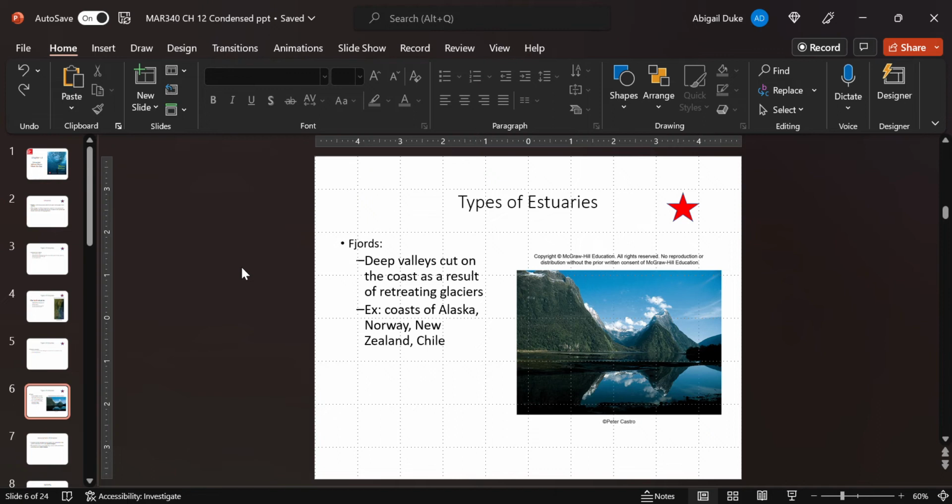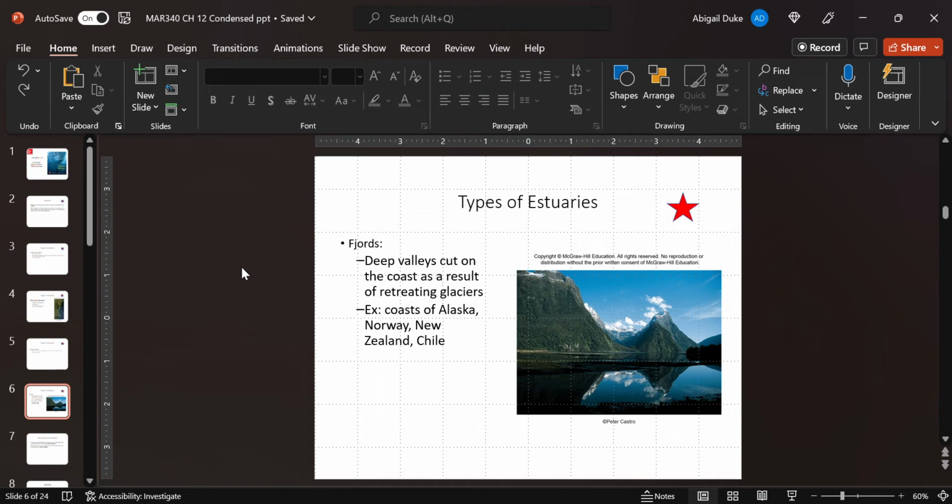Fjords. They are deep valleys cut on the coast as a result of retreating glaciers. Examples are the coasts of Alaska, Norway, New Zealand, Chile. This image is also on page 277, and the description says Milford Sound on the southwestern coast of New Zealand's South Island is a fjord.